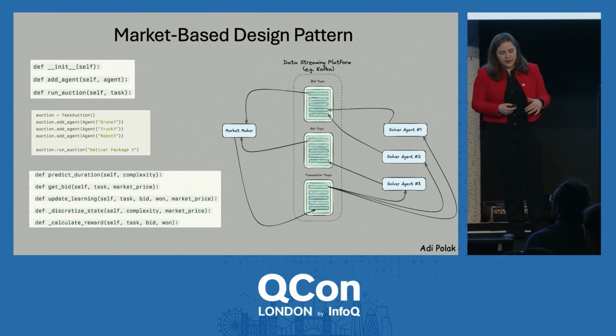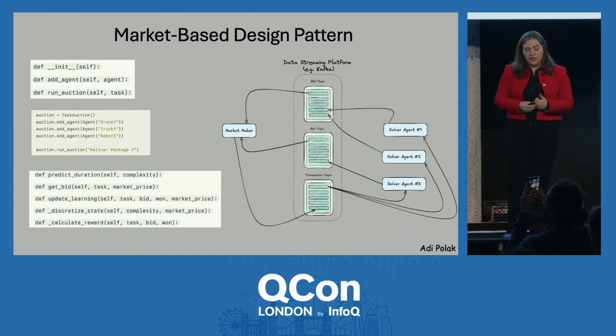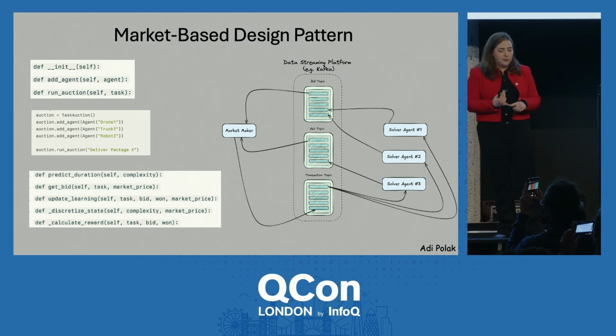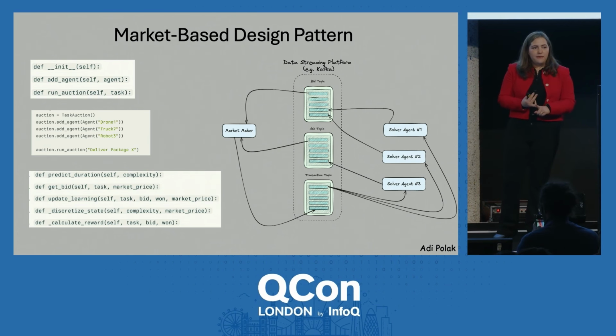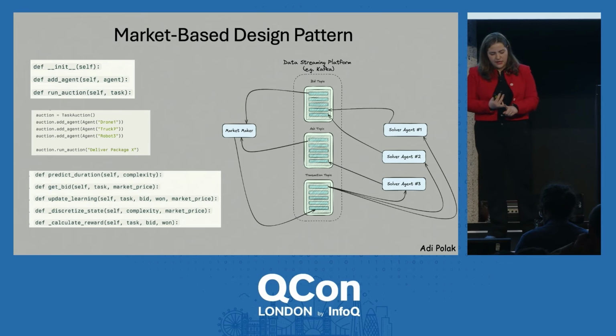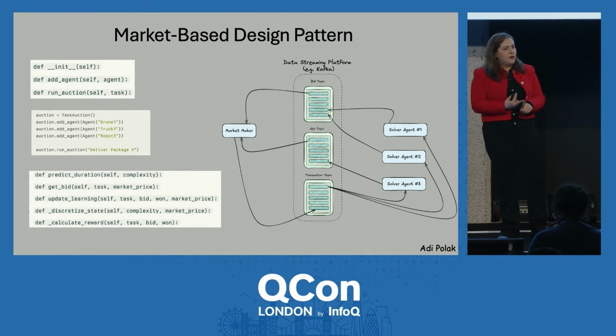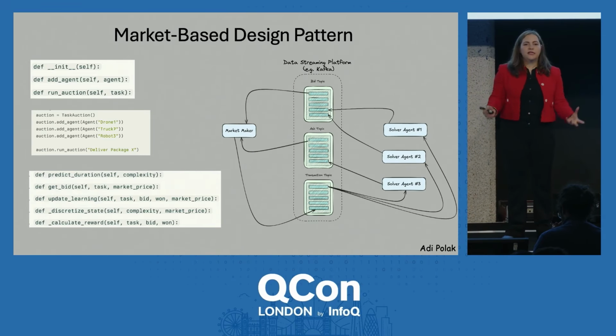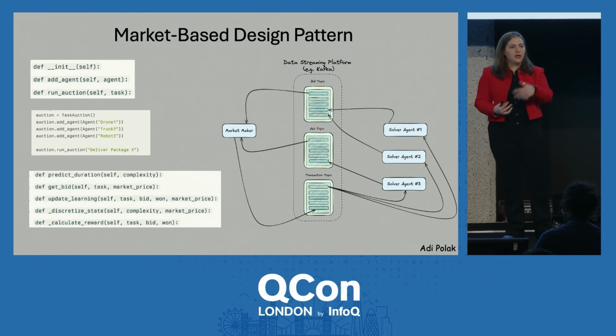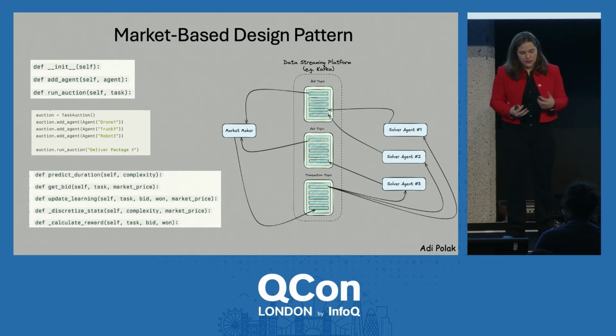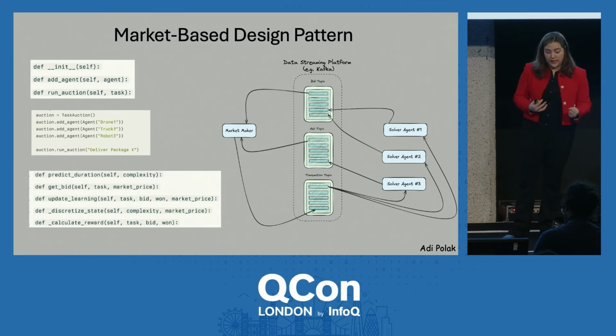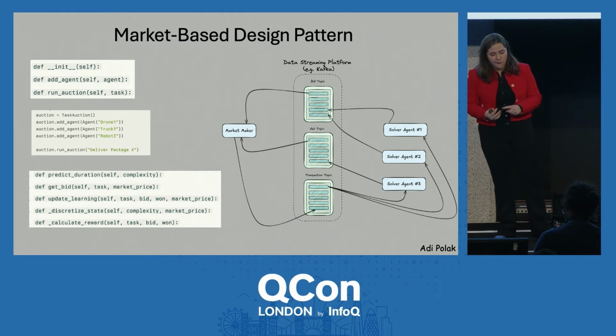But essentially here, what each one of the agents needs to do is predict the duration, how long it would take them to ship it, calculate the bid based on the information, and update learnings. Okay, I didn't win that bid. My goal is to win the bid. I didn't win that specific bid because I didn't have the best bid. What did I learn from that information? So they're capturing the history of what happened in the market.